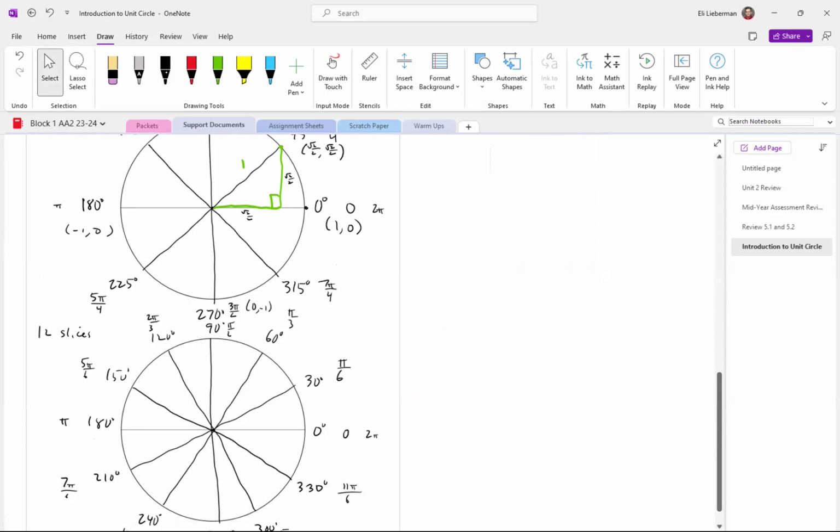Can I get help with 30 degrees from someone? The coordinates of 30 degrees.